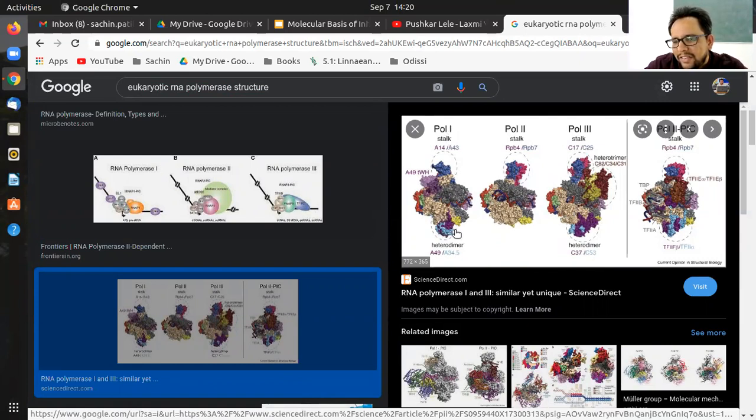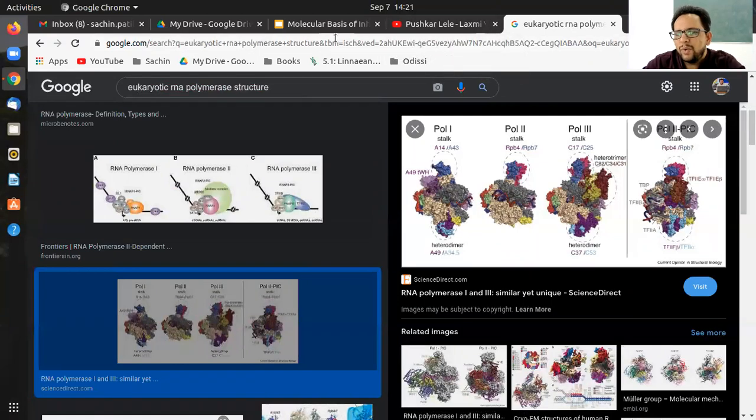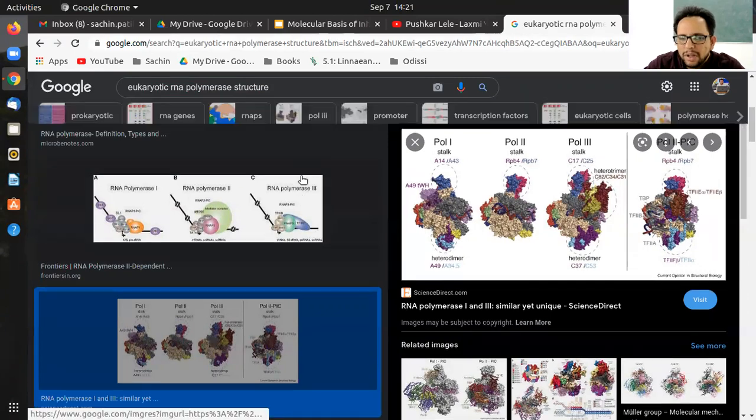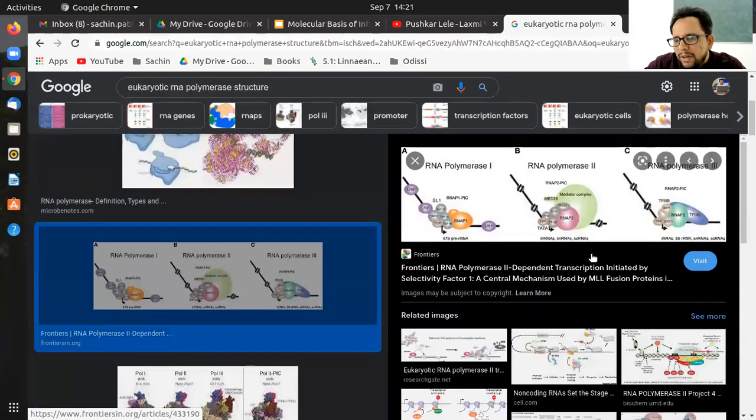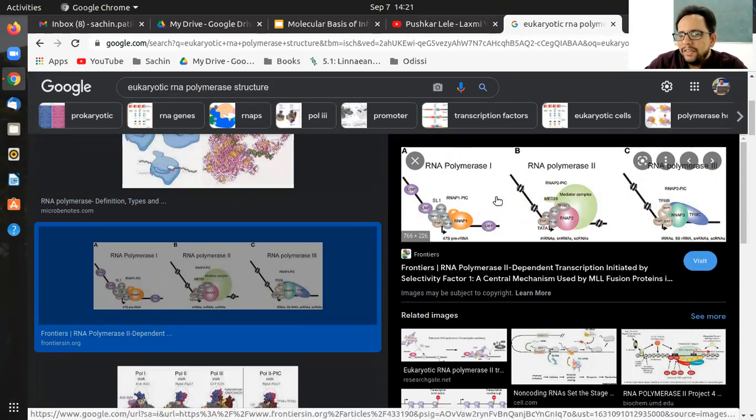You can see there is an extended tail here in this polymerase 1. It's absent in this, and it is even more extended in 3. So structurally itself they are different. So that way there is quite a lot of difference between prokaryote and eukaryote, even in terms of protein, and even this diagram talks a lot about it. Depending on what polymerase it is, it will recruit different proteins. So for example, this RNAP, I assume it is ribonucleotide adhesive protein.